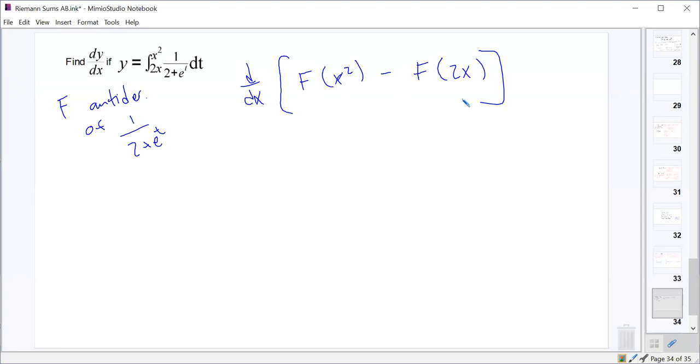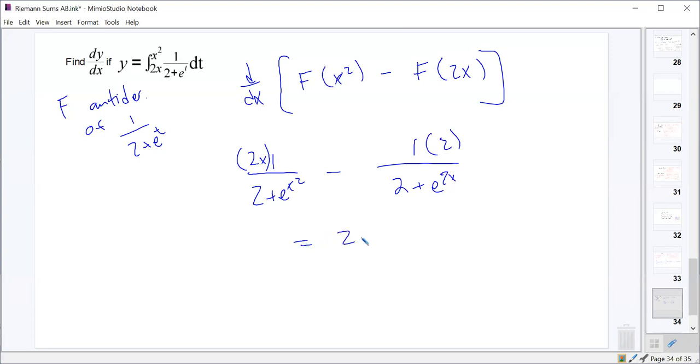Okay. And what's the derivative of capital F of x squared? Well, it's this function evaluated at x squared times the derivative of x squared. And same thing with the other one. That should be the function evaluated at 2x times the derivative of 2x. Or just 2x over 2 plus e to the x squared minus 2 over 2 plus e to the 2x.